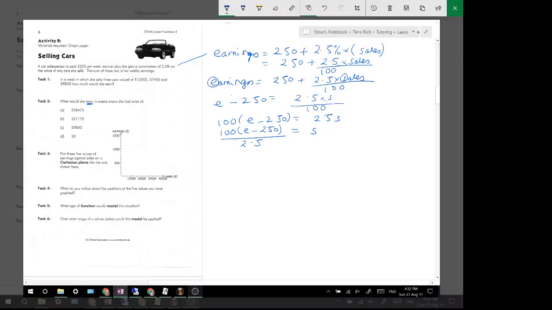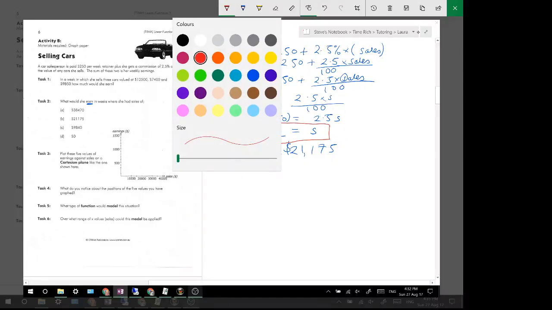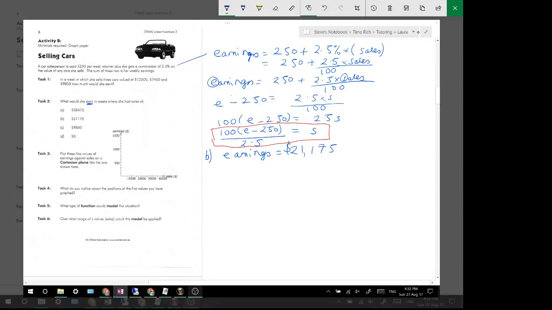So to do task 2, let's take B for example. It says that the earnings is $21,175. Well, now that we've worked out this formula, all we need to do is plug that earnings into this formula.